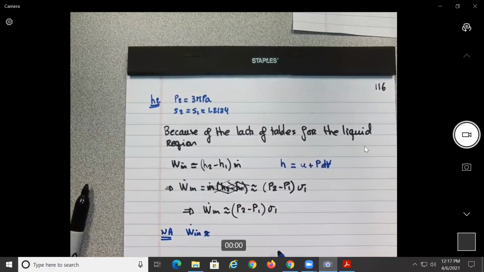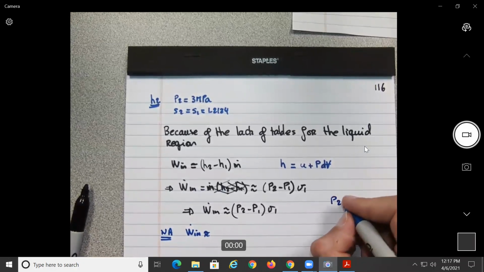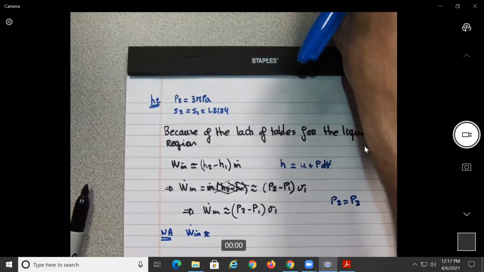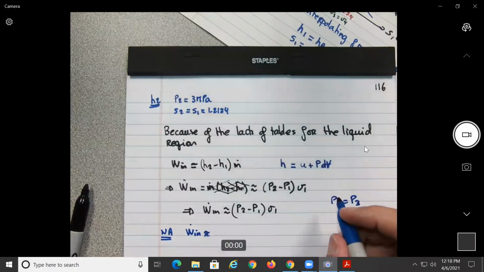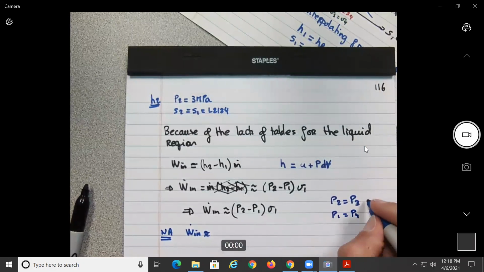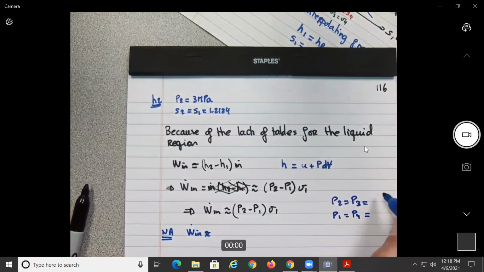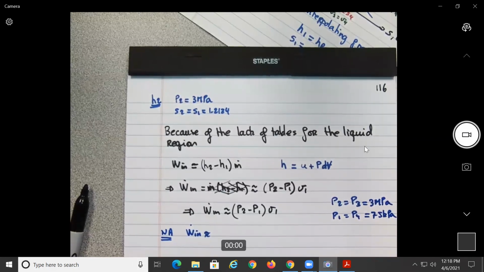We had P2 from the figure, P2 equal to P3, no? So along this line over here. And P1 equal to P4. So this one is what? 3 megapascals. This one is 75 kilopascals.